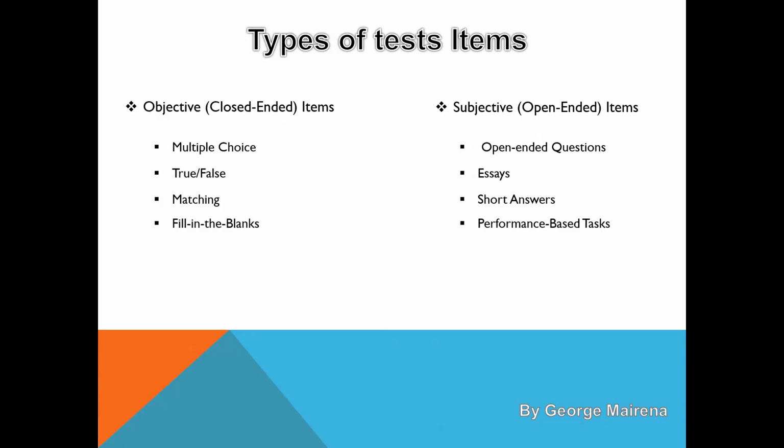Remember that when talking about essays, folks, we got different types of essays like opinion essays, compare and contrast essays, cause and effect essays. And let's suppose that you're working on opinion essays. You're going to give your own opinion about a topic, and your opinion is going to be totally different from your peers', right? Also, we have short answers and performance-based tasks.